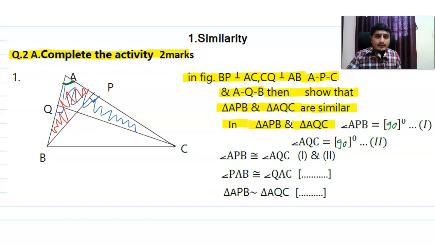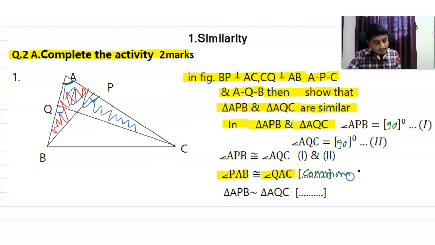So by the property of reflexivity under mathematics, we can say that the angle we are having for the first triangle, that is PAB, is congruent to angle A for the second triangle, that is QAC. Once those two angles are congruent, which property do we have here?